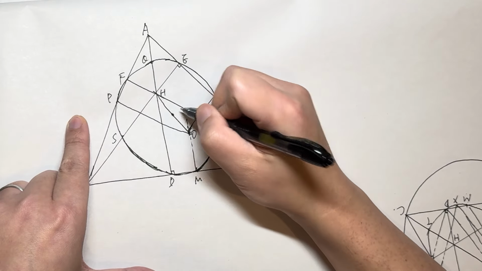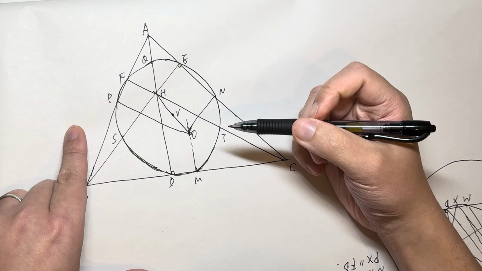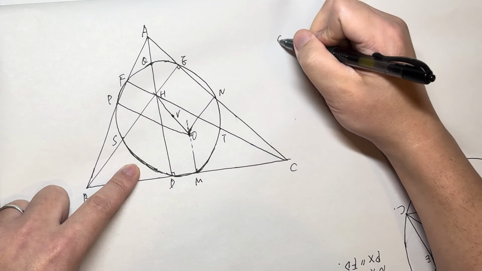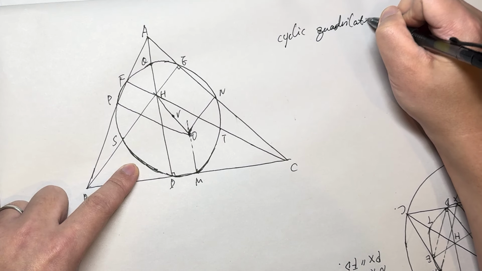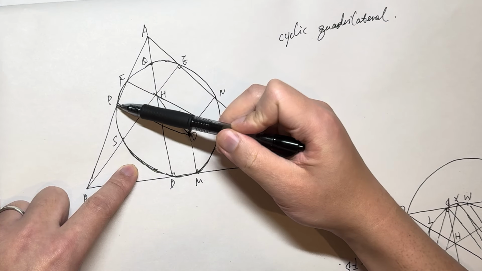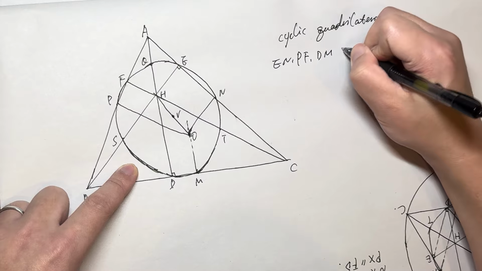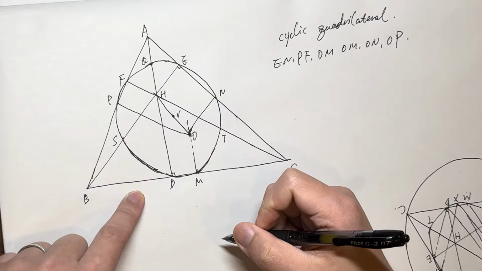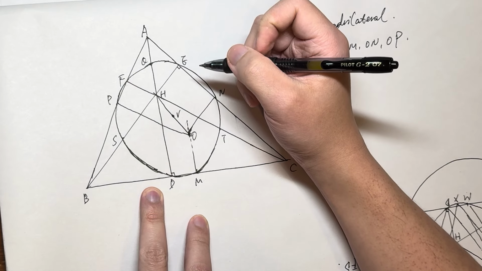This is center V. Okay, we basically want to find the cyclic quadrilateral formed by the chords EN, PF, DM and OM, ON, OP. Right. So think about that.